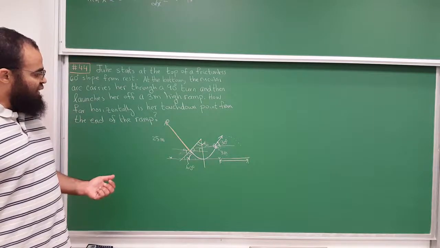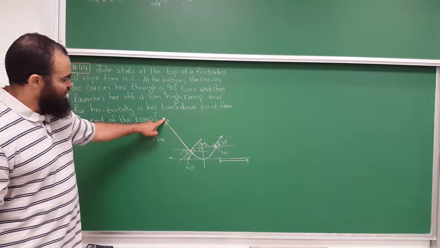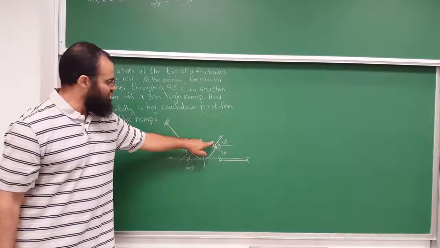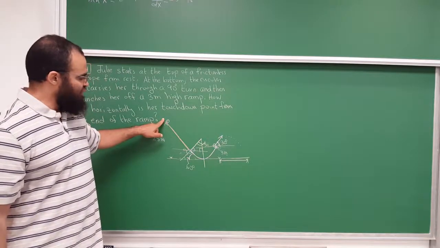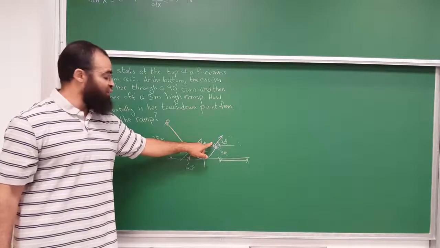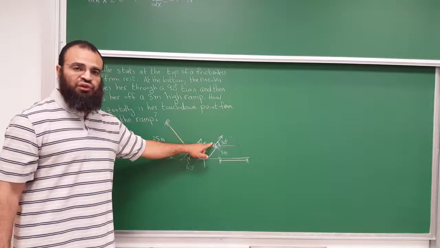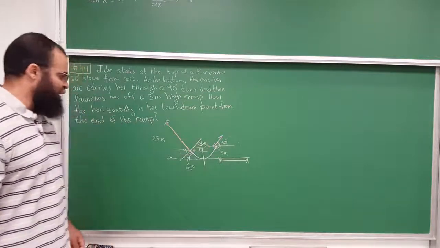So we will say, let's call this point 1, and this point here is point 2. So we will have the kinetic energy at point 1 plus the potential energy at point 1 will equal the kinetic energy at point 2 plus the potential energy at point 2. In other words, the mechanical energy here equals the mechanical energy there.